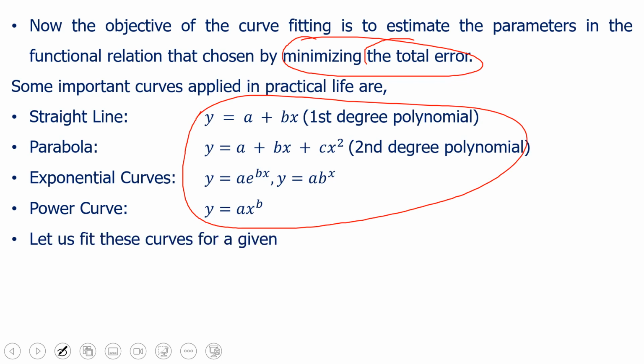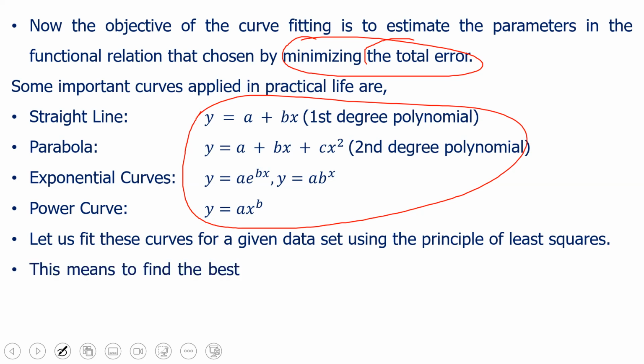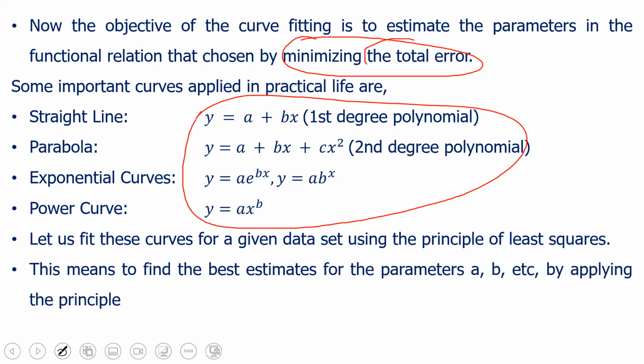So let us fit these curves for a given data set using the principle of least squares. This means finding the best estimates for the parameters a, b, etc. by applying the principle. First, let us fit the straight line.